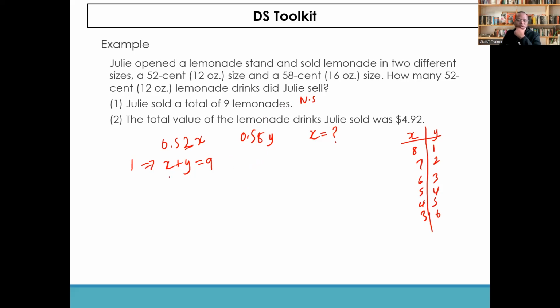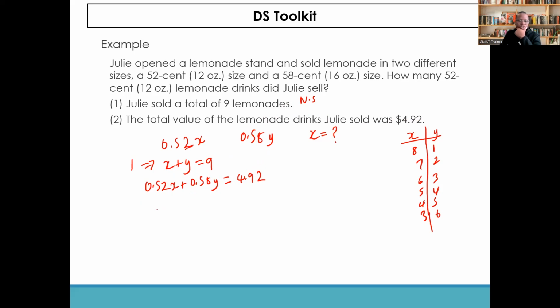Now the next thing is the total value of lemonade drinks Julie sold was 4.92. So 0.52X plus 0.58Y is equal to 4.92. If we simplify this, we can remove the decimal points by multiplying all through by 100, then dividing by 2. What will we have?